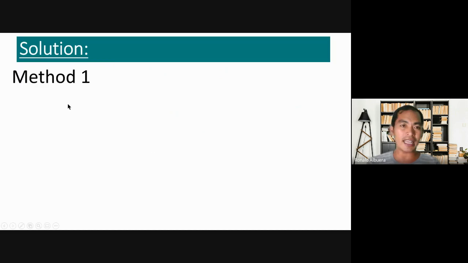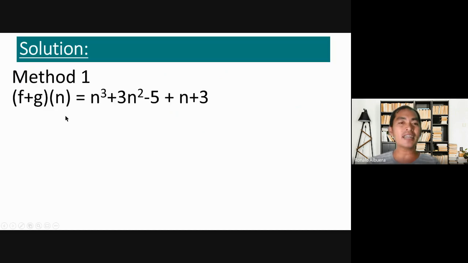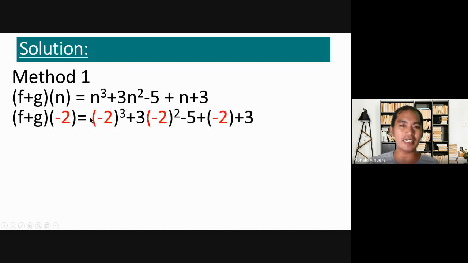The same, we have method 1, directly substitute or direkta natin papalitan yung independent variable na n by negative 2 sa g at sa f. Okay, so we have negative 2 cubed plus 3 times negative 2 squared kasi may 3n squared minus 5. Then sa g, which is n plus 3, yung n papalitan ng negative 2 plus 3.